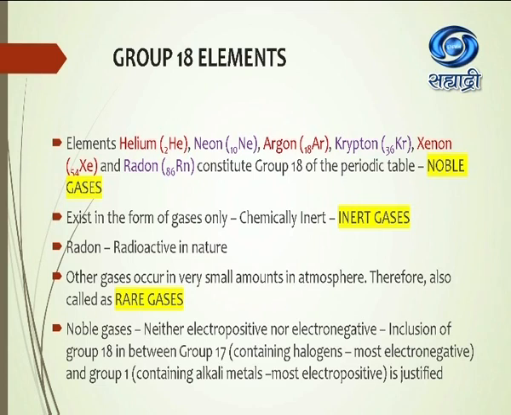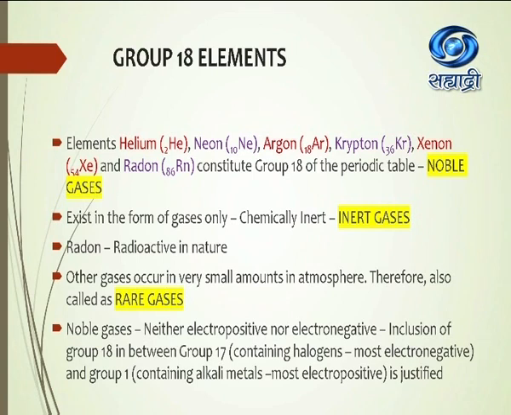And if we consider the group of the elements after group 18, then after group 18 it is group 1, that is very beginning of the periodic table. This is the group of alkali metals. These metals are highly electropositive, that is, they readily donate electron and form a positive ion.